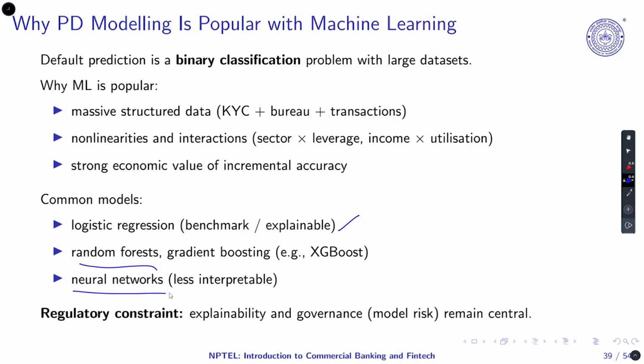So I would request all of you to please go through the logistic regression architecture, how it works, and if you have some statistics courses available on the NPTEL portal, you can also look at them and go through them. You should also try to learn the implementation of this model in R and Python packages. Random forest and machine learning methods are evolving. I think these are buzzwords right now, and a lot of banks are already deploying them.